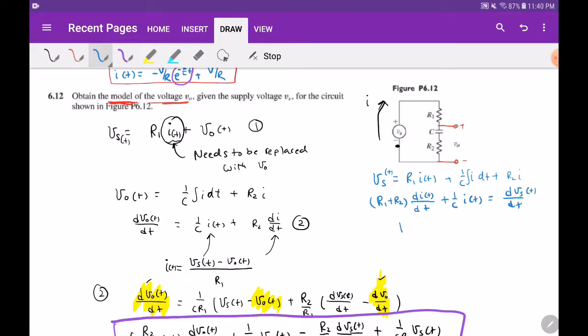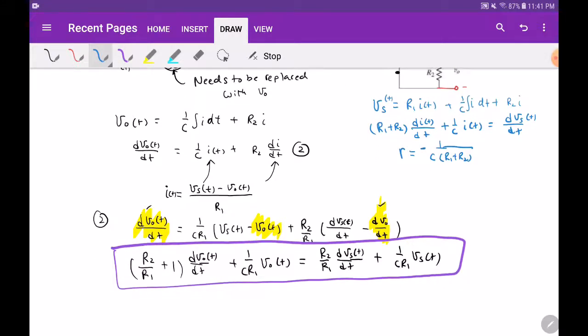What's the characteristic root? That's equal to minus 1 over C times R1 plus R2. That's your characteristic root. Now let's look at the other equation. If you multiply everything by R, you have R1 plus R2 times dV out dt plus 1 over C V out of t equals R2 times dVs over dt plus 1 over C Vs of t.